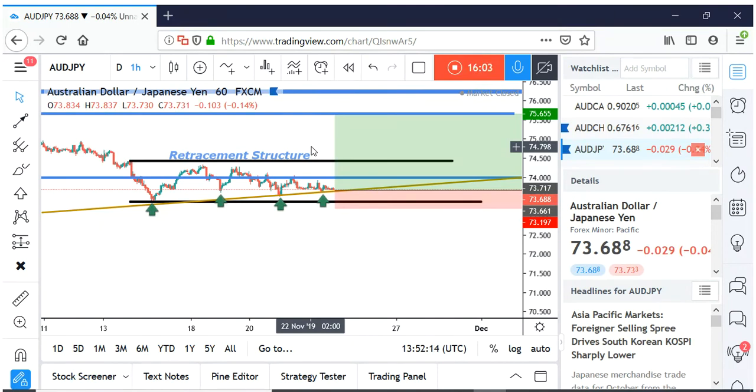So you need to know how to understand the retracement, how to understand the consolidation, and to understand that a reversal is actually happening in the market. But we will cover all this one after the other. So this is a retracement. The next video will be about consolidation, and then we'll talk about reversals.